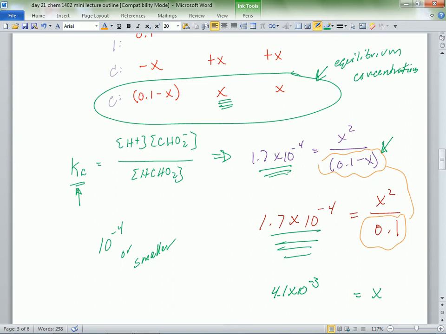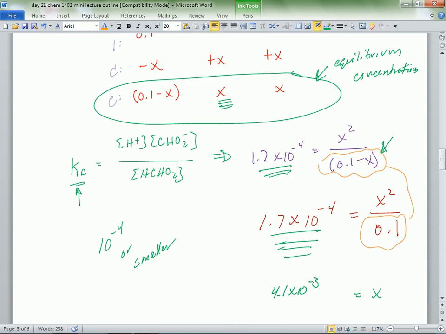So is 4.1 times 10 to the negative 3 smaller or a lot smaller than 0.1? Yeah, I mean, it kind of is. 4.1 times 10 to the negative 3 is 0.004. So, I mean, it's smaller, but it's not hugely smaller. But it's a lot smaller.